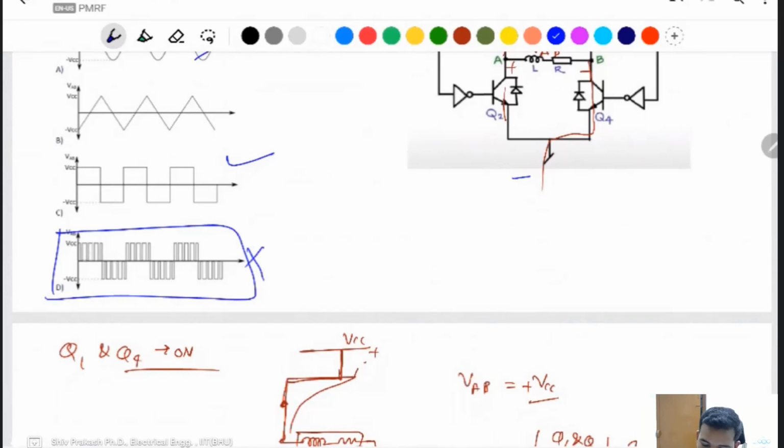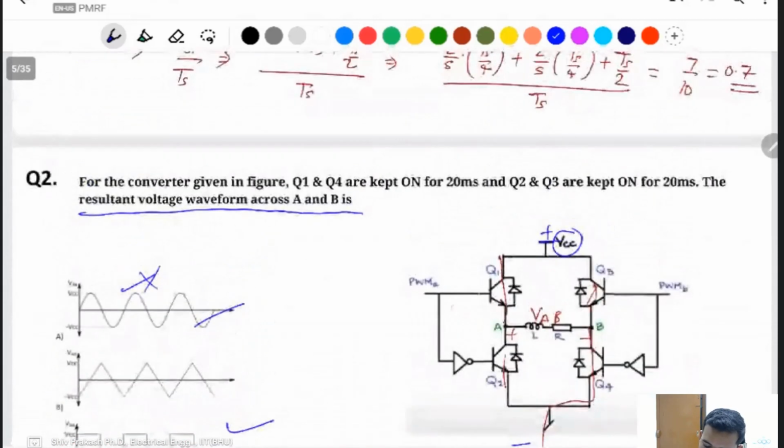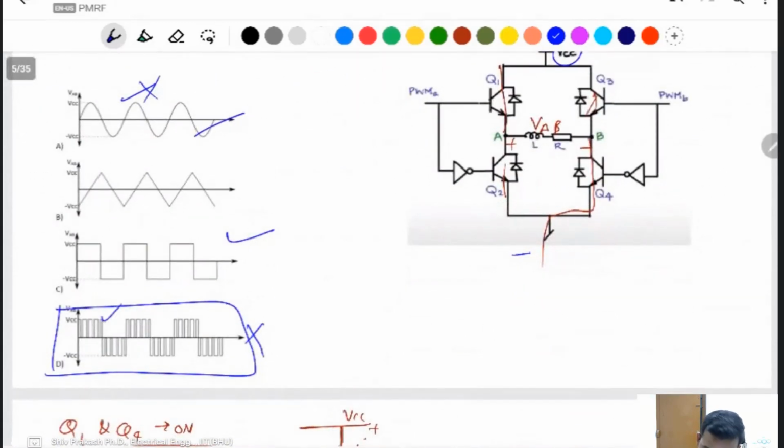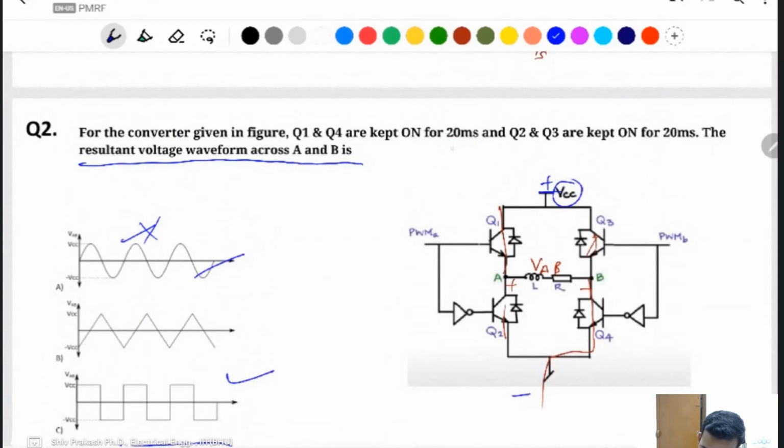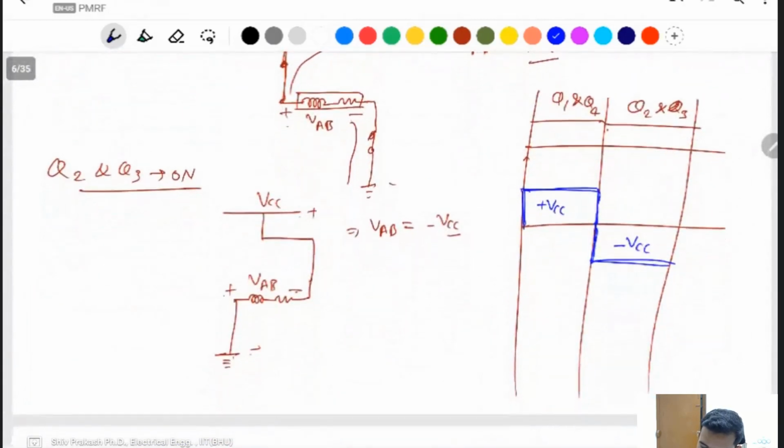This other one is not correct, because pulsating pulses would come in the output, but here there is a constant turn on for 20 milliseconds. This is not pulsating. If it were pulsating within 20 milliseconds, that would come in the output. But here it is on for 20 milliseconds and off for 20 milliseconds, then Q2 and Q3 are on for the next 20 milliseconds and off for the next 20 milliseconds, and the output comes like that.